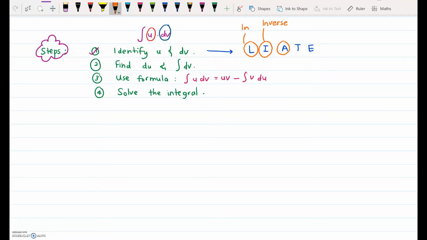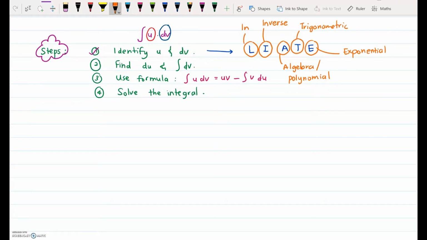A represents the algebraic function, that is, polynomial. T represents the trigonometric function. And lastly, E represents the exponential function.